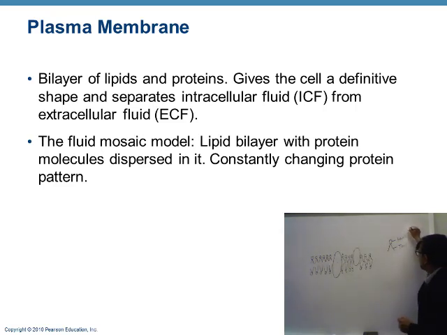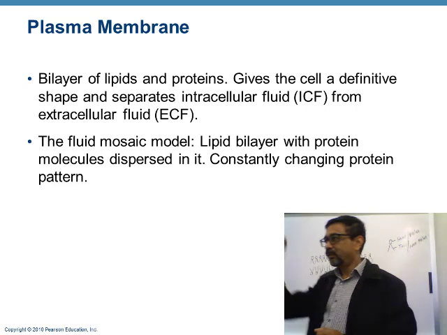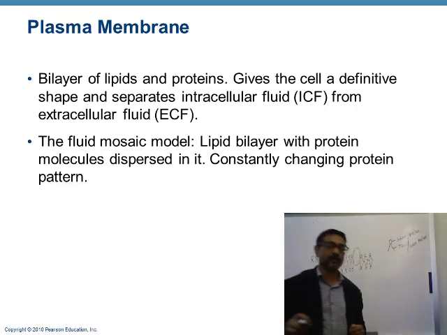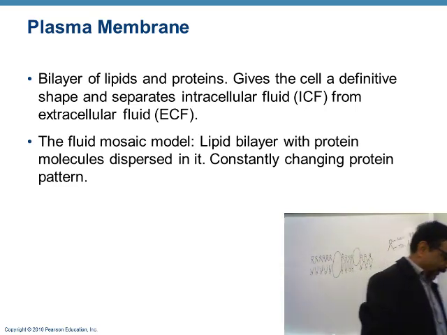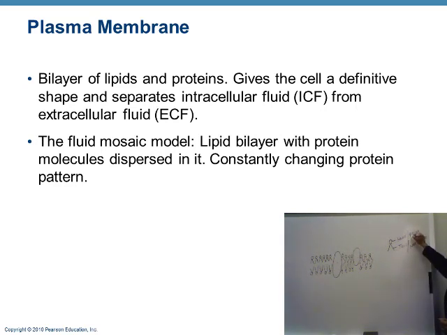The head part is also called the polar end and the tail part is called the non-polar end. Make sense? So, two parts in the phospholipid molecule.